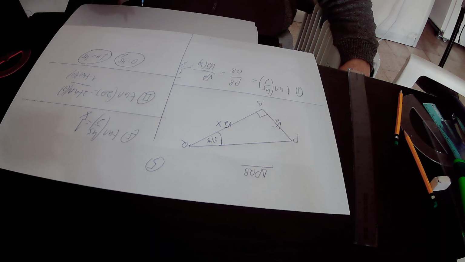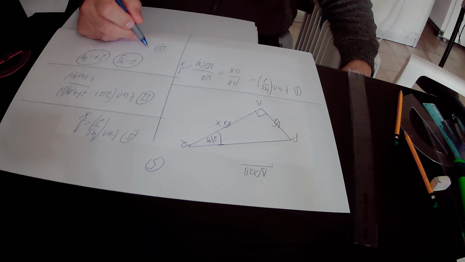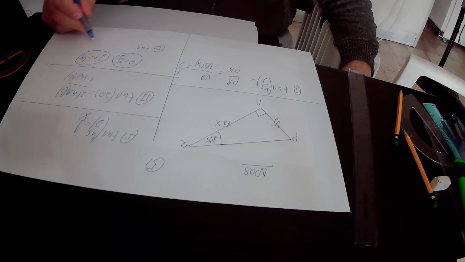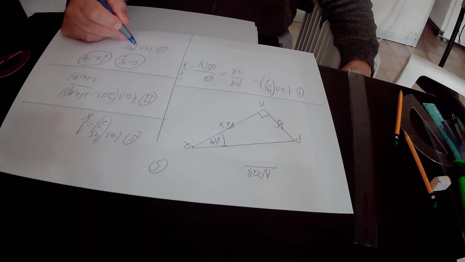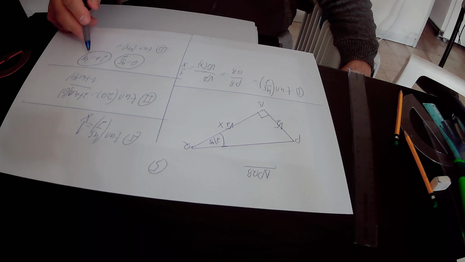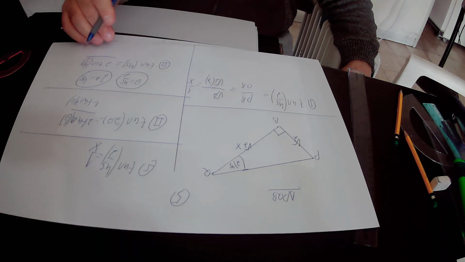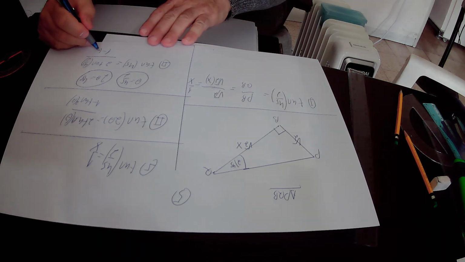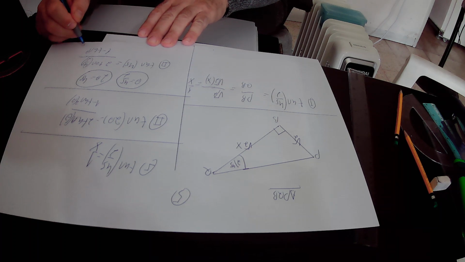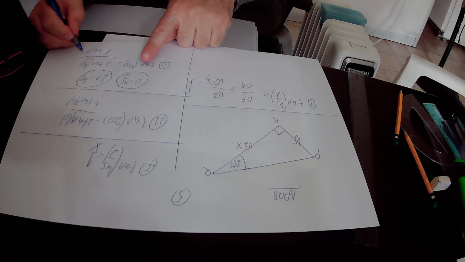And we get that according to equation number 2, tangent 2 theta, and 2 theta is 45 degrees, equals to 2 times tangent theta, and theta is 45 degrees over 2, divided by 1 minus tangent square theta, and theta is 45 degrees over 2.